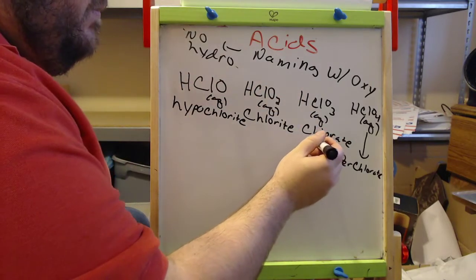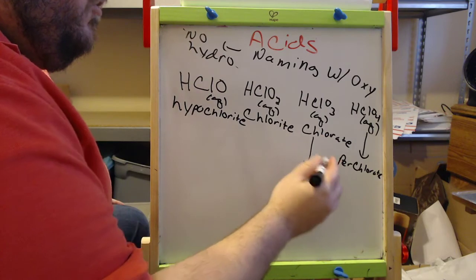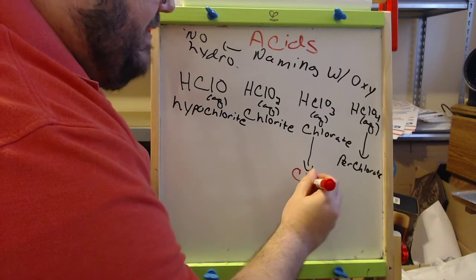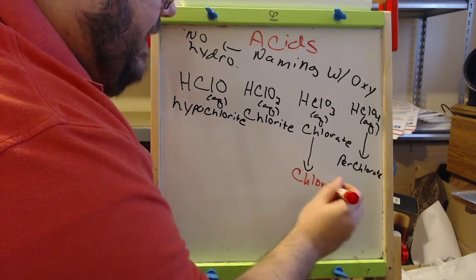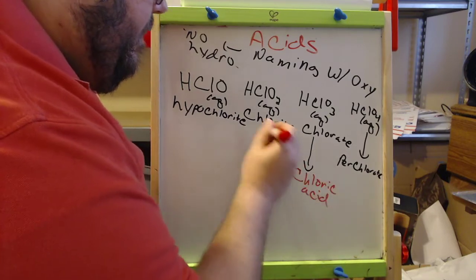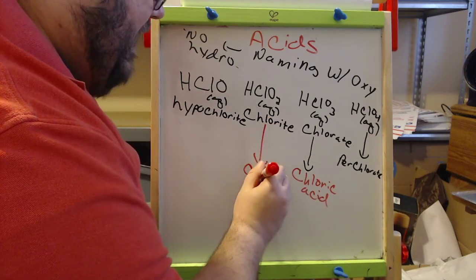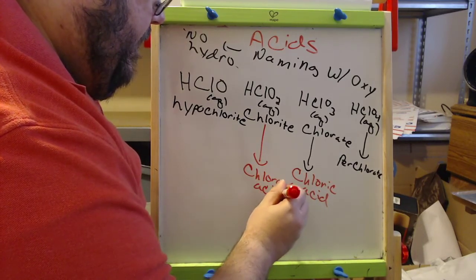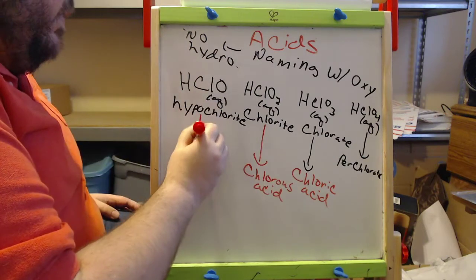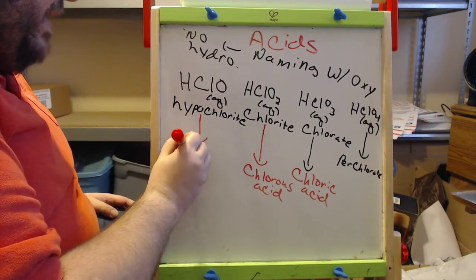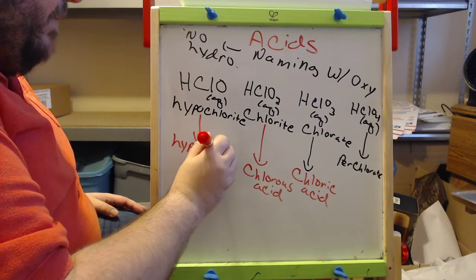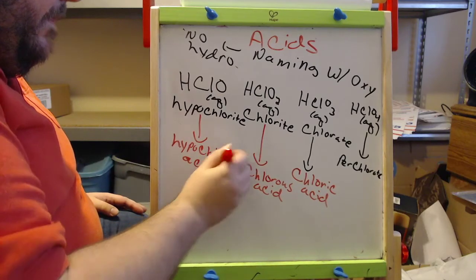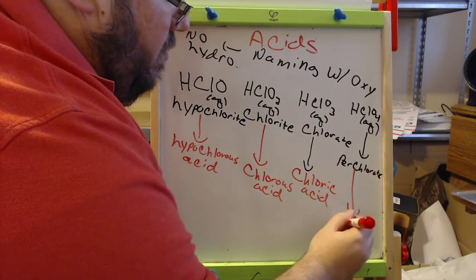I'm an ate, so my acid name is chloric acid, no hydro. This would be chlorous acid. This would be, you've got to keep the hypo there because that is the name of the polyatomic, hypochlorous acid. And this would be perchloric.